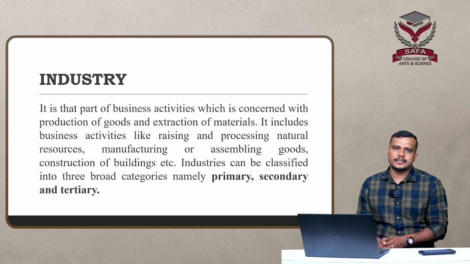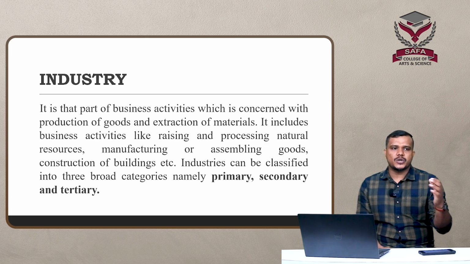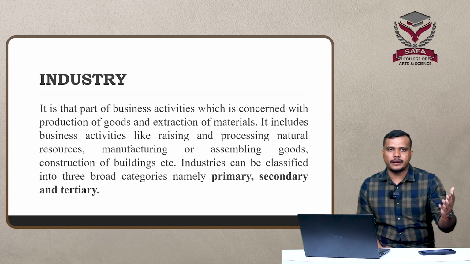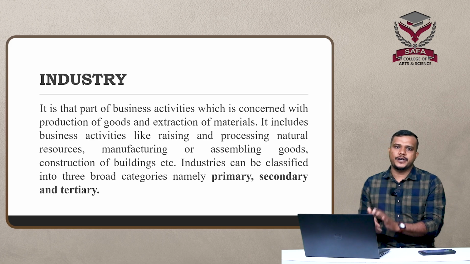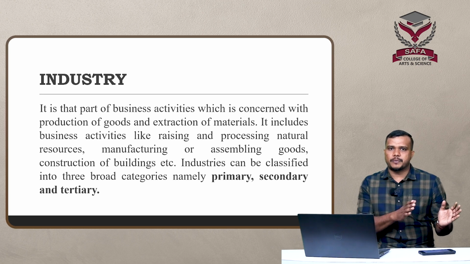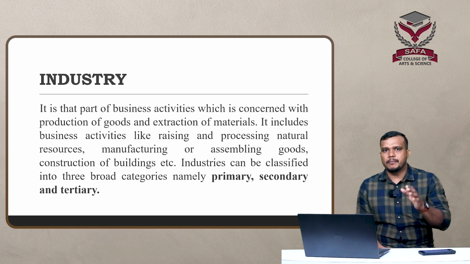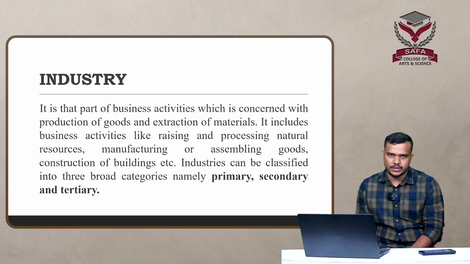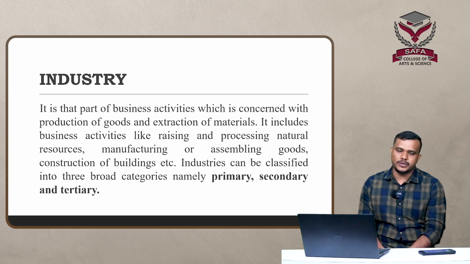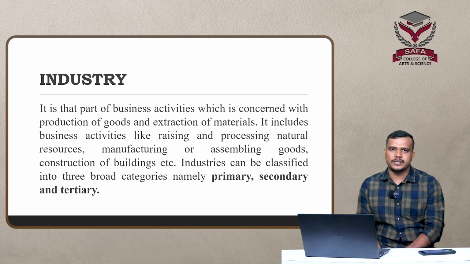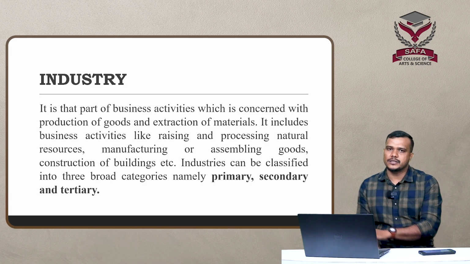The first part is extraction of natural resources from natural sources like soil, water and air, and converting them to finished goods. This part is called industry. So in industry, the main activity is extracting natural resources and converting them to finished goods. The entire industry is classified into three major categories, primary, secondary and tertiary.